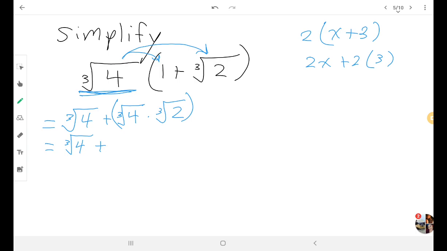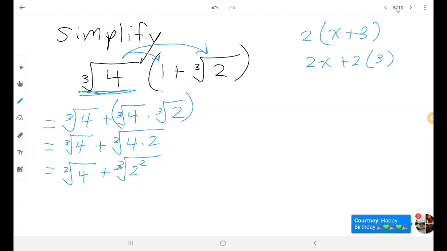Plus, now, cube roots, if I'm multiplying them together, I can put them together, right? So I can call that the cube root of 4 times 2. And not only can I do that, but let me think about that 4. That 4 I could call 2 squared.